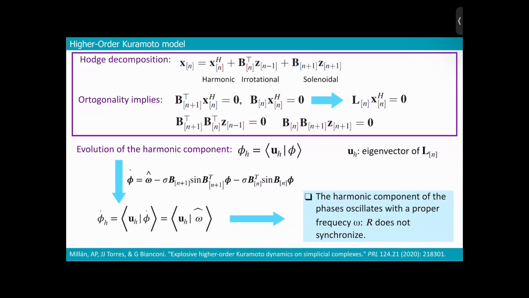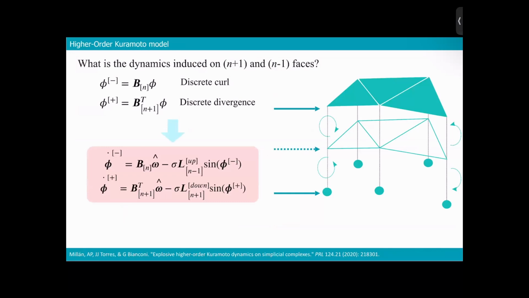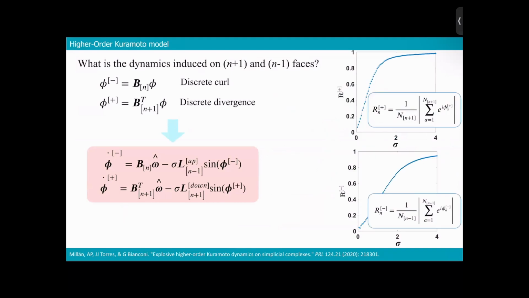However, the rotational and the solenoidal components are coupled, and if we project the dynamics, so these are the original link dynamics, if we project them with the boundary operators in the upper and the lower dimension, so we go from the links to the dynamics that are created by the links but seen in the nodes and the triangles, then they do synchronize.